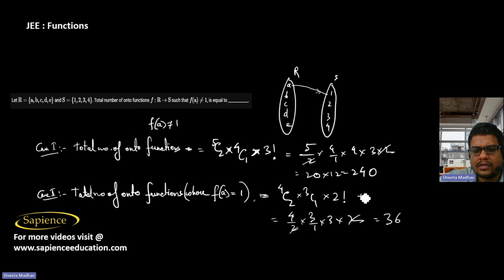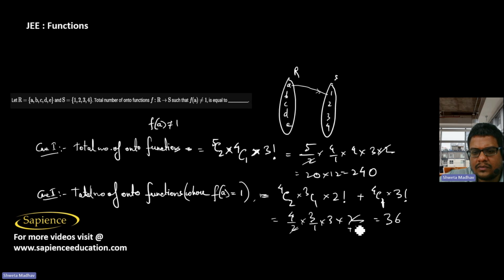Or we can also say that from these remaining, we can select any two elements by 4C2 ways, and that will also map with 1. Now, any one element we will choose, and that will map with 1, and the remaining 3 elements will map with the remaining 3 elements in 3 factorial ways.